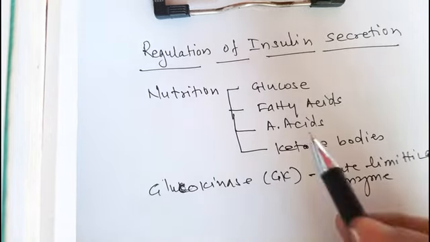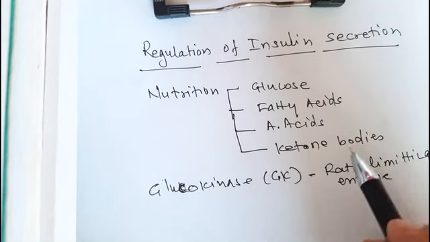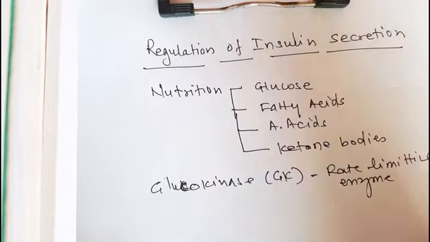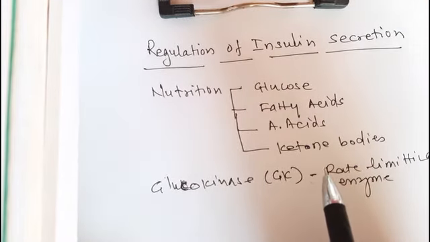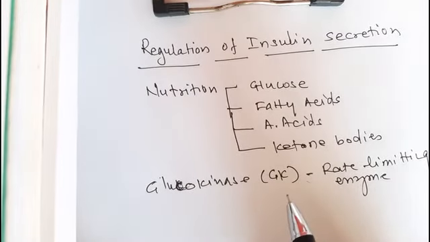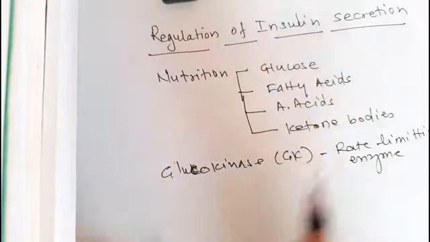Then other things like fatty acids, amino acids, or ketone bodies, their levels increase in the fed state, the post absorptive state. So they also help in regulating the secretion of insulin.